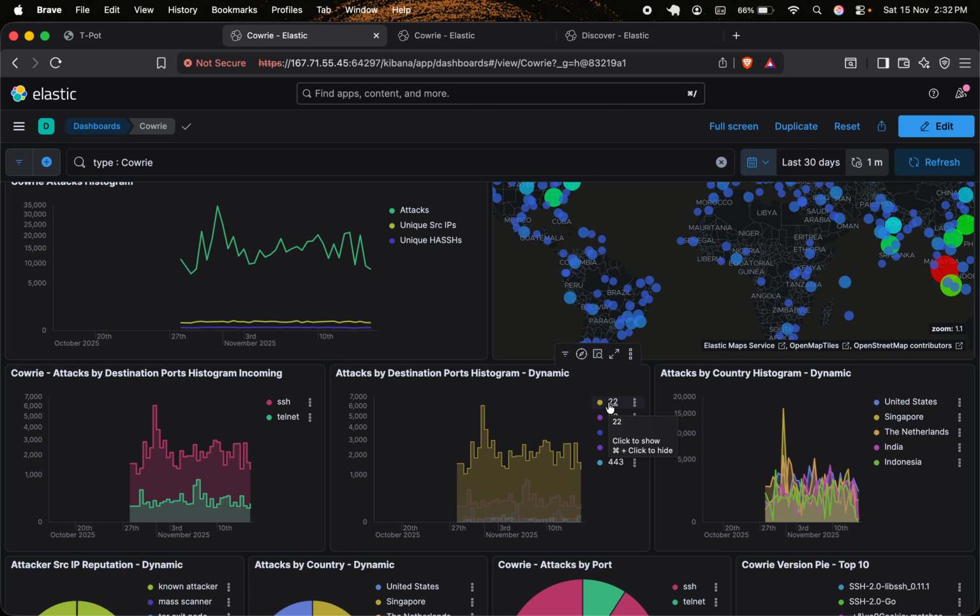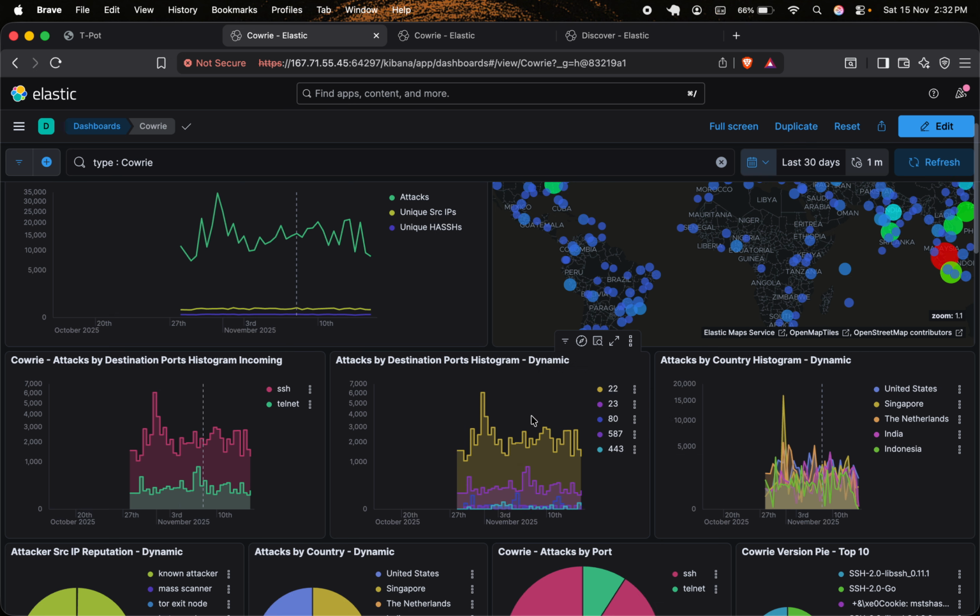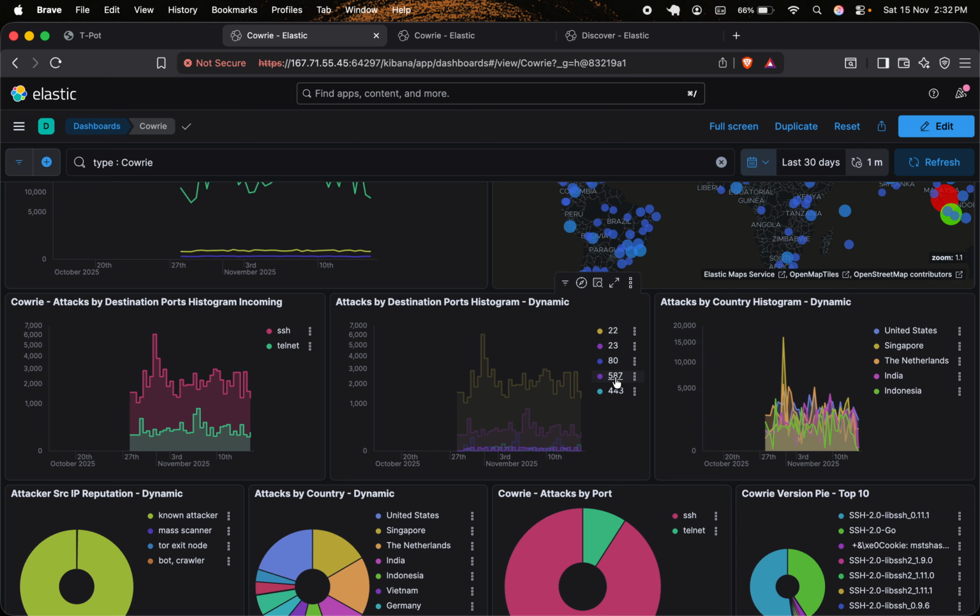These are some of the famous ports that attackers want to exploit. Port 22 is for SSH, port 23 is for telnet, port 80 is for HTTP, and so on. 443 is for HTTPS. These are some of the most important ports that attackers try.